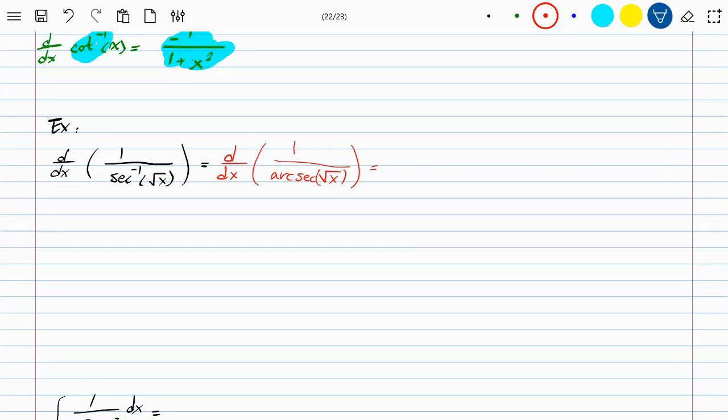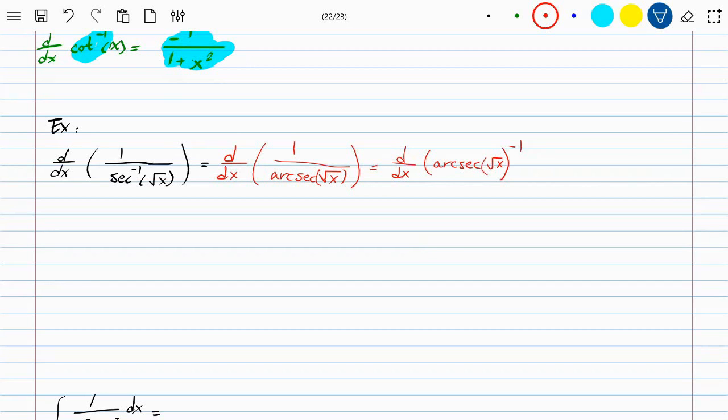Just want to differentiate between having a negative 1 as an exponent or having an inverse. This negative 1 here is an inverse, but the 1 divided by arc secant could be written as arc secant of square root of x, the whole thing to the power negative 1. 1 divided by that, you can move it to the numerator with a negative exponent.